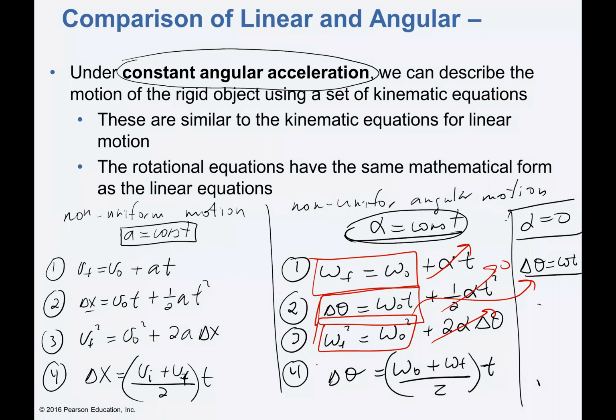And this equation tells you omega initial plus omega final over 2, but since omega final and omega initial are the same, their average is the same quantity as either of the values. So again, you come up with the same equation. That means you have uniform and non-uniform motion, and sometimes you have to decide which the problem is. All right, so let's solve some problems and see how we can apply these kinematic equations.